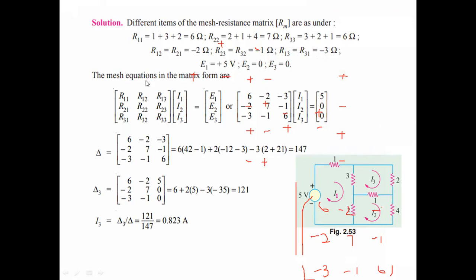So R11, R12, the same matrix, I1, I2 and E1, E2. In the place of E1, E2, the first one is 5, in the first loop it is 5.